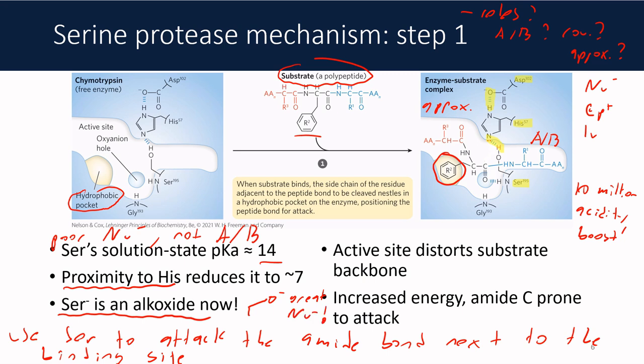The O- that we form by donating that proton to histidine is going to allow our nucleophile to attack a nearby electrophilic amide carbon within our peptide substrate, shown right over there.